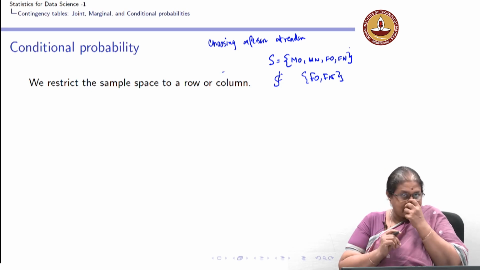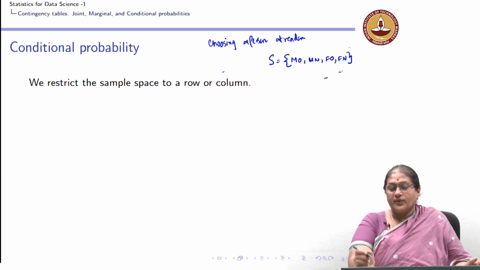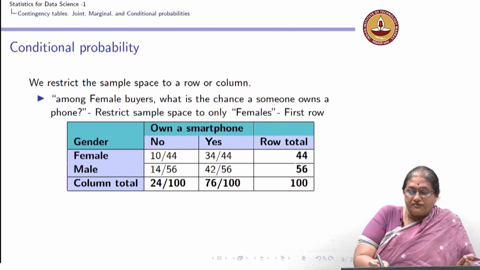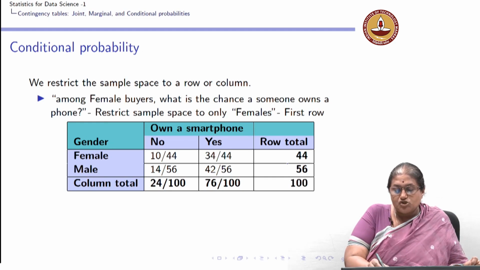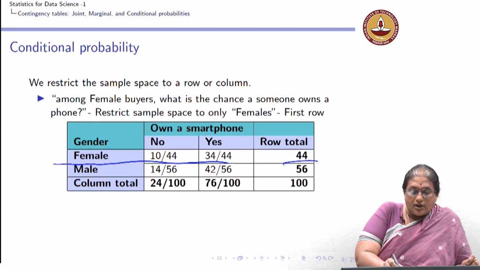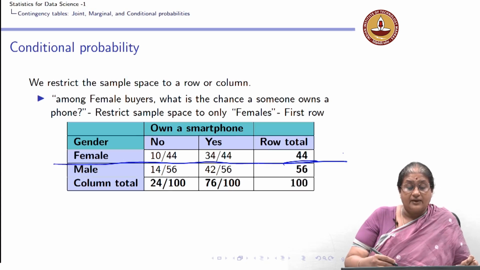I restrict the sample space. So now, if I restrict the sample space to only females, I am not bothered about the sample space where the person is a male.